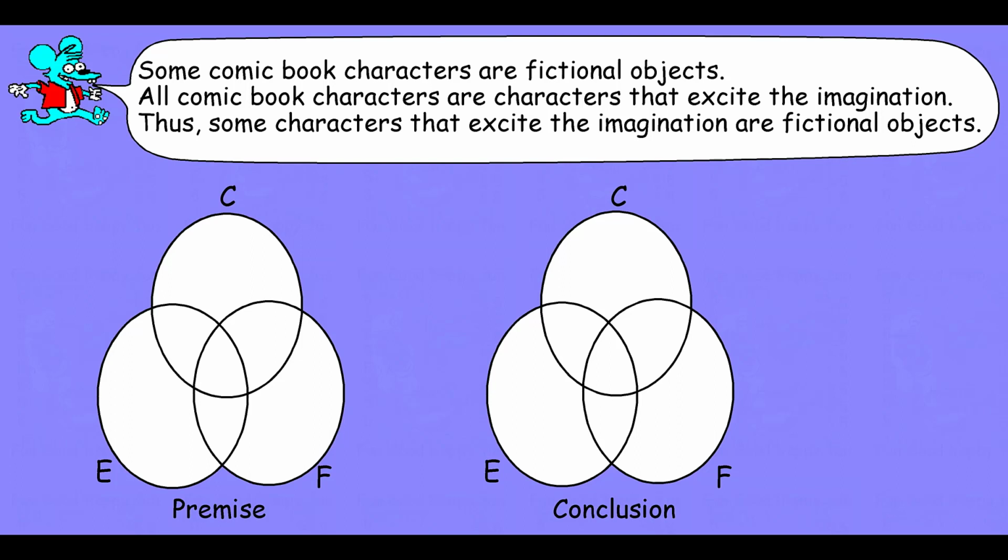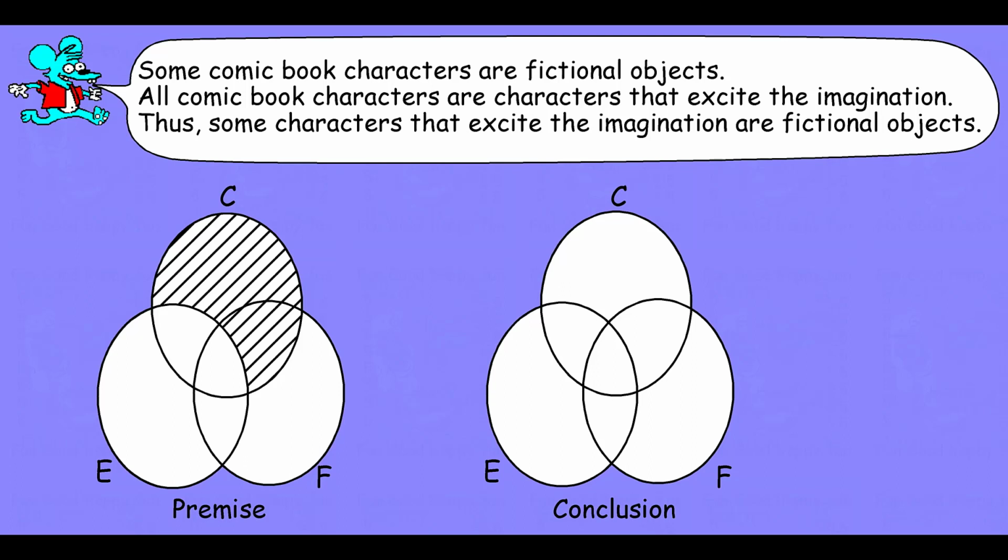So any part of C that is outside of E would have to be empty if that premise is true. So I shade in those areas of C outside of E, and that is what minimally would have to be true in order for that universal affirmative premise to be true.